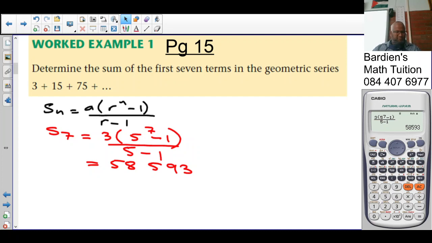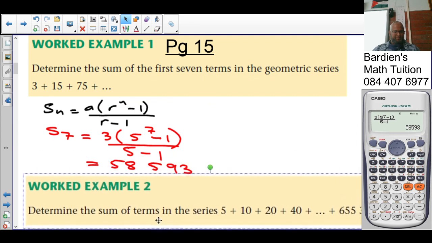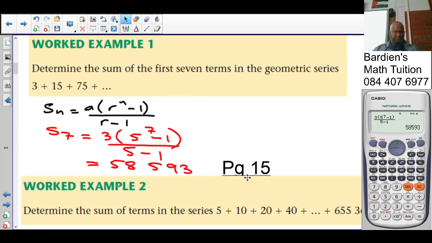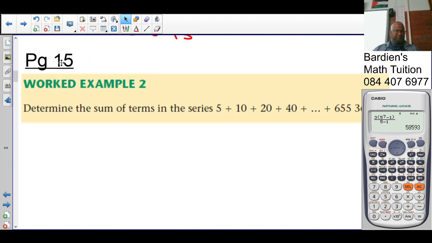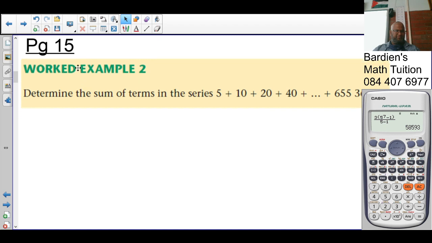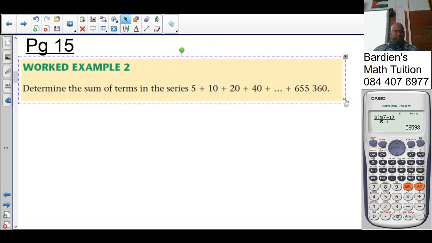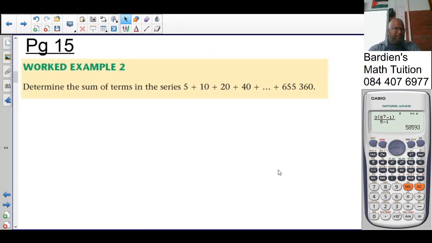Look at example 2, same page. Example 2, they say determine the sum of the terms in the series 5, 10, 20, 40, and then it carries on till 655,360.